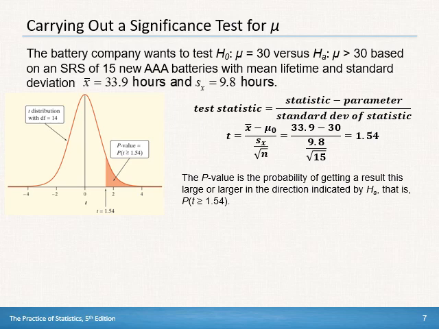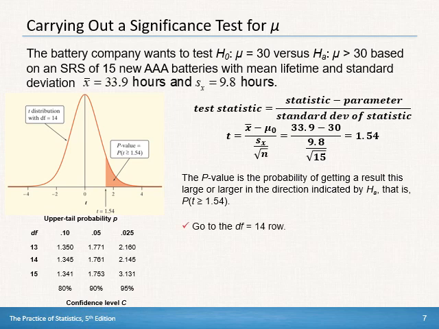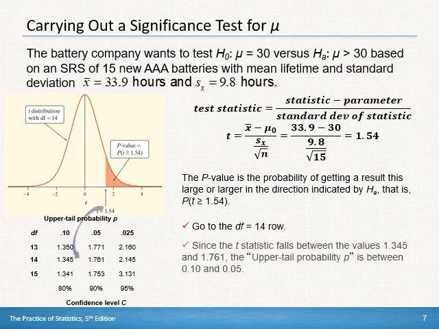We're looking for the probability that t would be that extreme or more on that t distribution. We have a sample size of 15, so degrees of freedom are 14. And when you go to row 14 in your table, you're typically not going to find the 1.54, but you'll find that it's between these two values.